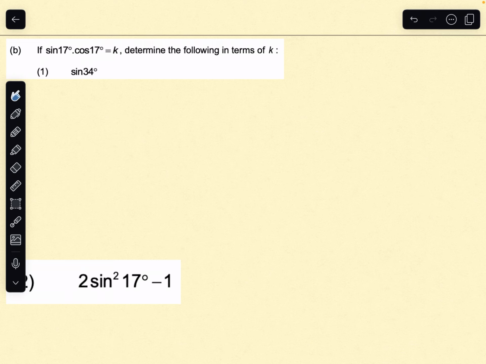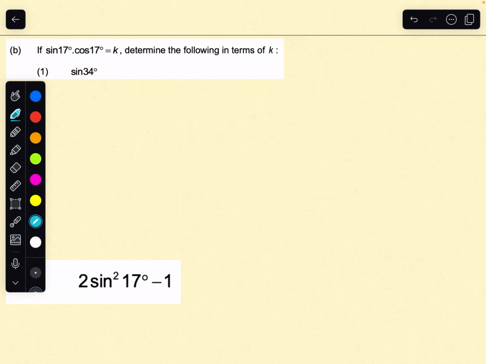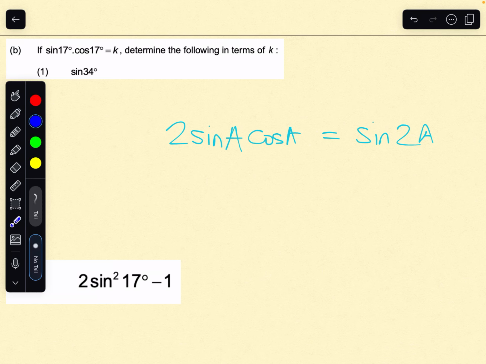Another thing that could hint that is, in as much as you don't have to memorize formulas, I've always found it helpful to memorize them, because then you can spot that this product, sine A cos A, if you put a little 2 in front of it, is the same as sine of 2A. This is 17, and 2 times 17 is 34. So I think the useful thing to use here is the double angle identity.